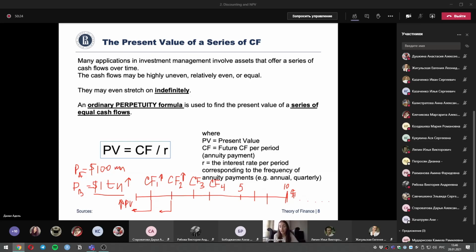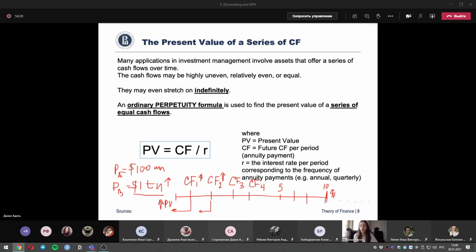So we assume that all cash flows after 10 years are more or less equal. To account for all these future cash flows, we can calculate the perpetuity of them. We just take this cash flow in year 11 and divide by our discount rate, which gives us the present value of all consecutive cash flows from year 11 and so on, as of year 10.